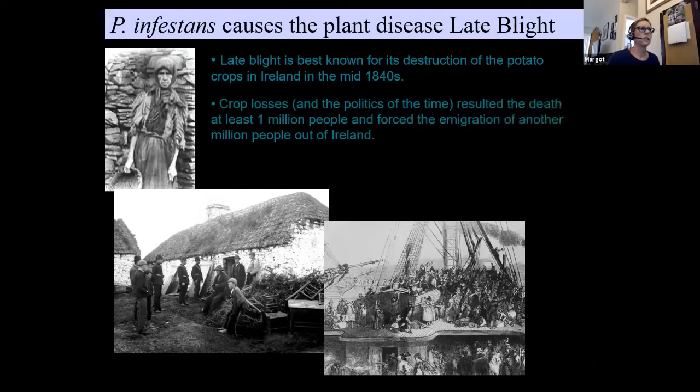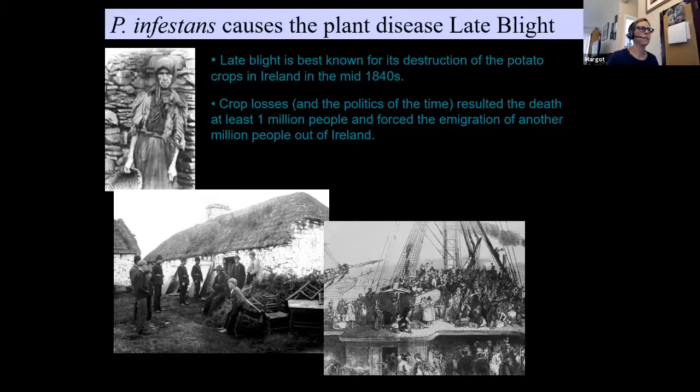The crop losses that happened during that time period, along with the politics of the time, resulted in the death of at least 1 million people, and forced the immigration of another 1 million people out of Ireland. So if any of you are of Irish descent and had ancestors that came over in the mid-1800s, there's a really good chance that they came because they had to leave because of this famine that was happening.